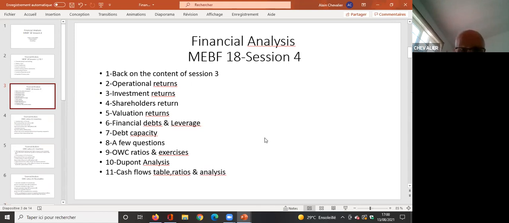I went back on the content of session 3, and then operational return, investment return, shareholder returns, valuation returns, financial debt, leverage, debt capacity, a few questions, 2 slides of questions, the operating working capital ratios and exercises, and we are just there between 8 and 9, and tomorrow we start with 9, 10, and 11 before moving to some other topics.